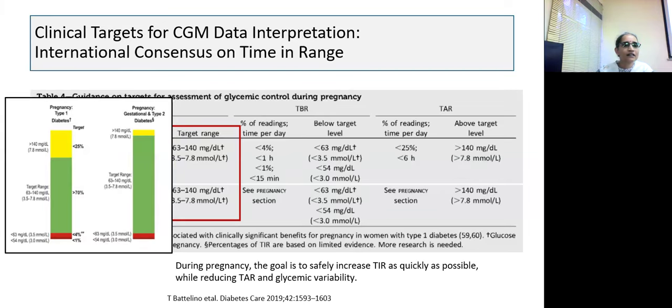For type 1 diabetes, the time in range should be at least 70%, but for type 2 and gestational diabetes, at least 90% of the values should be within target range. Less than 5% hypoglycemia as well as hyperglycemic excursions are preferable for GDM or type 2 diabetes complicating pregnancy.